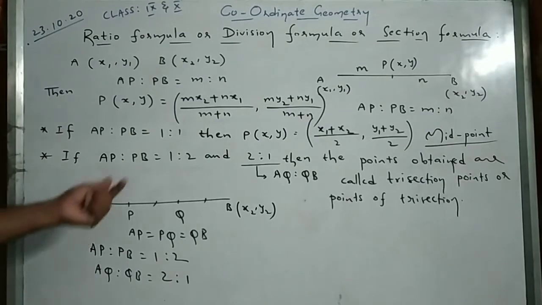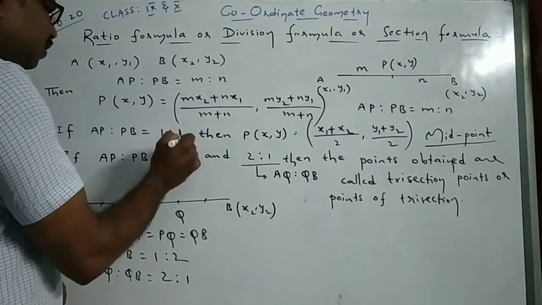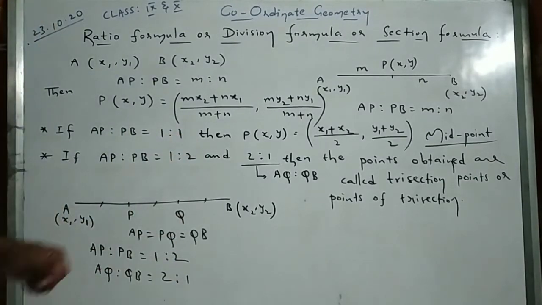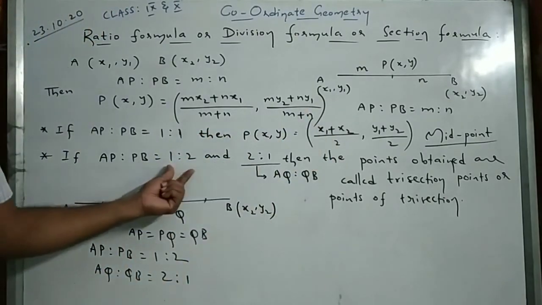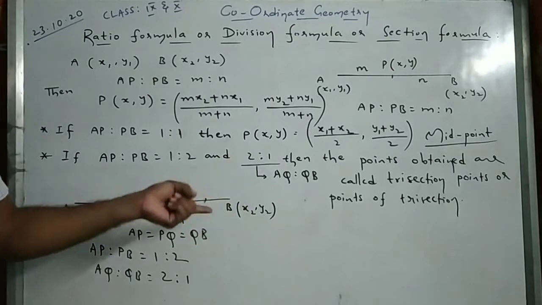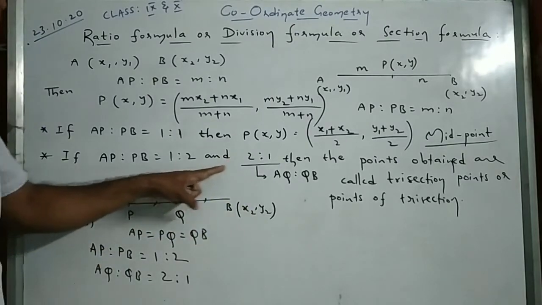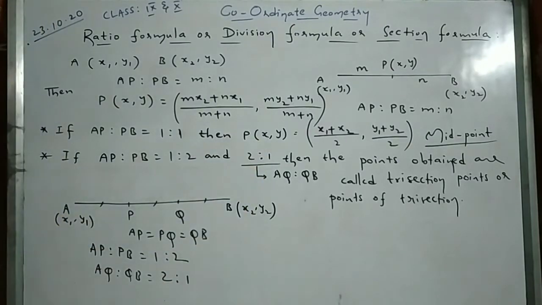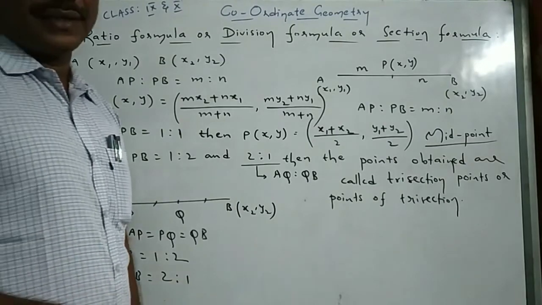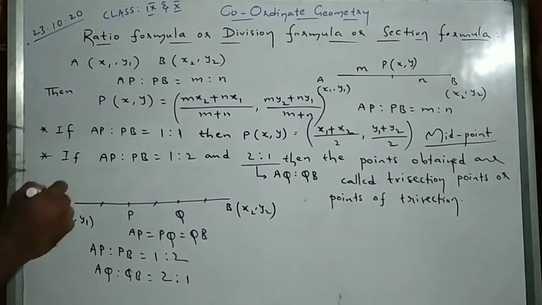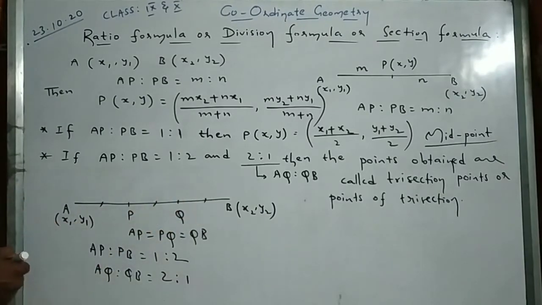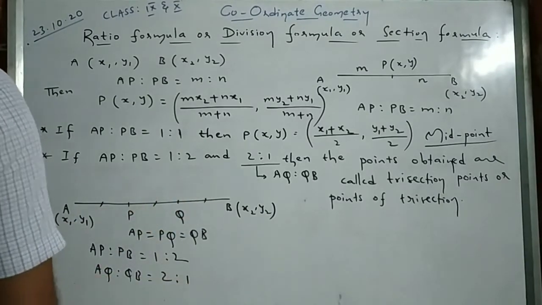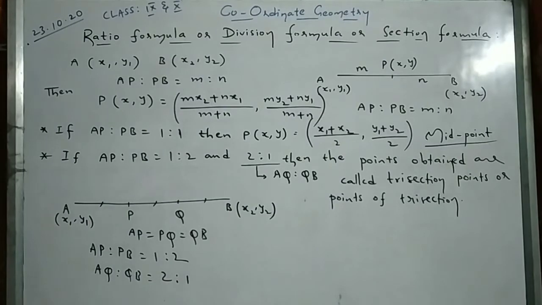So if you take the ratio as 1:1, then it is exactly the midpoint. If you take 1:2 and 2:1, trisection, see 1 plus 2, 3, 2 plus 1 also 3. Trisection means division. So those points will divide AB into 3 equal parts. Section means cutting, dividing.